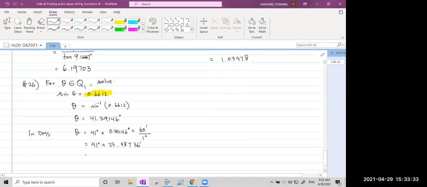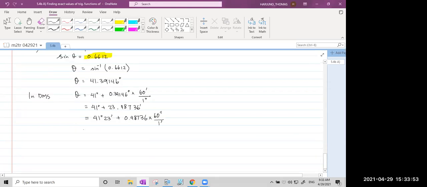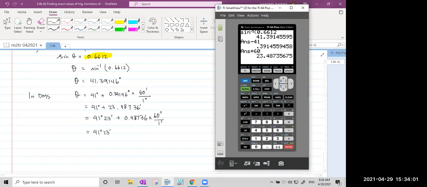And if we want to change this further into seconds, that's plus 0.48736 times 60 seconds per 1 minute. So subtract 23, and multiply the decimal part by 60 seconds. That's 29.24 something.